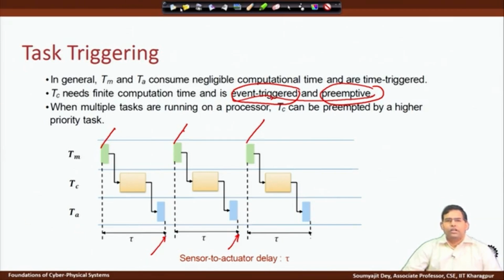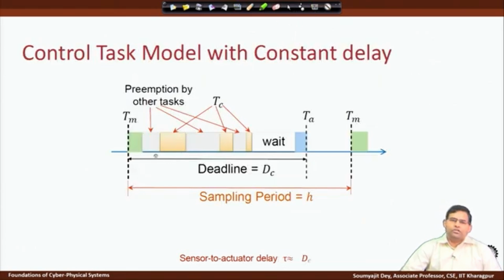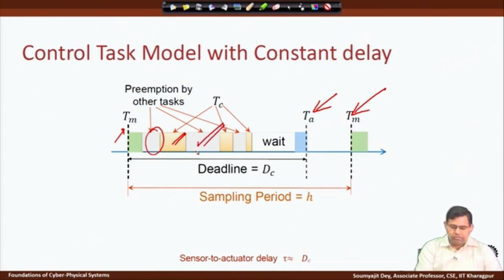That is kind of an issue, and we need to understand whether it affects the control design. Let us say your sensing task is here in green, and your actuation task is here, and after this fixed sampling period the sensing task is again time triggered. In between you want to execute this control task. Initially it was blocked by some other task, then it started here, and then another task came and preempted it.